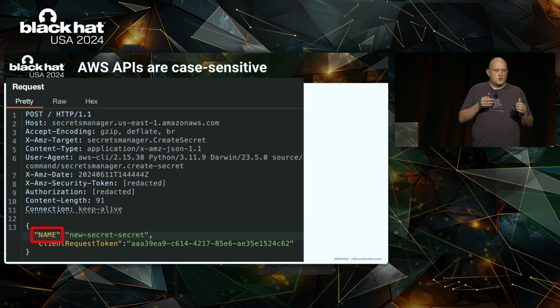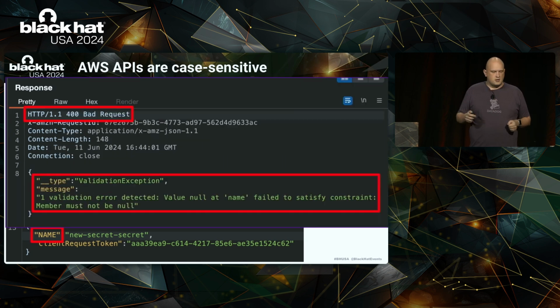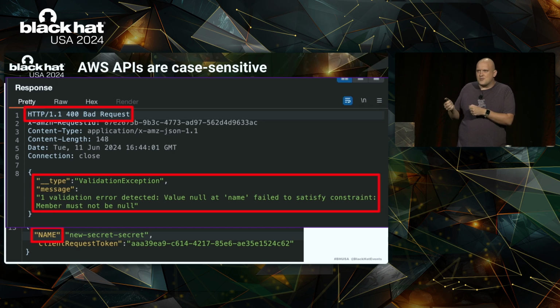But if you were to change that casing in any way, in this case to all uppercase, and you try to send it to the API, you actually get an error. 400 bad request, member must not be null. The reason for this is, well, we didn't actually send the parameter it was looking for. It might have been the right alphabetical characters, but it's not the specific one, and it rightfully so returns an error.